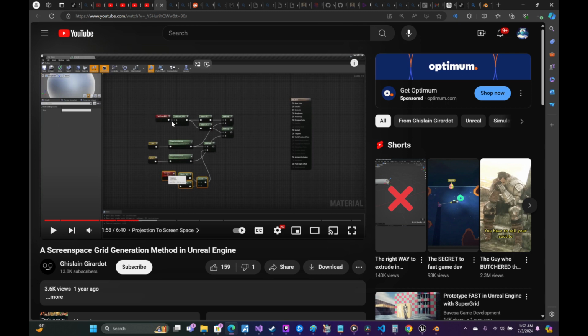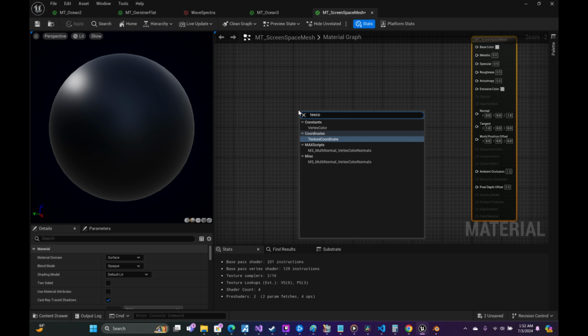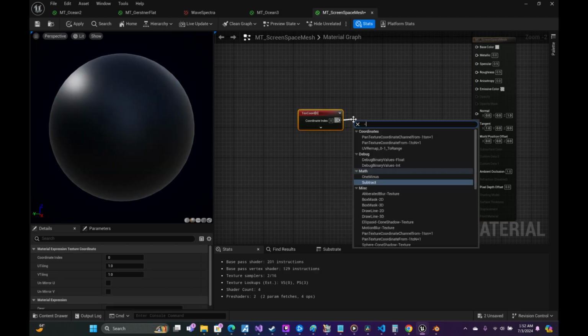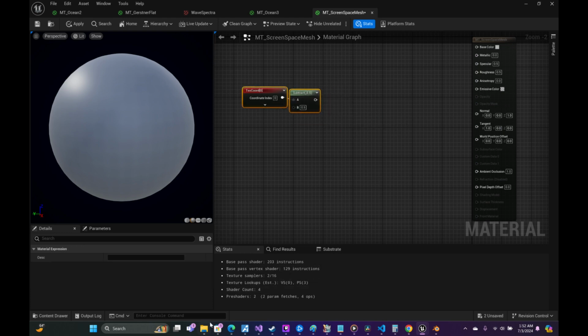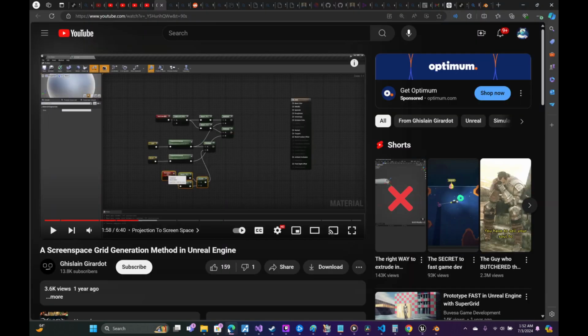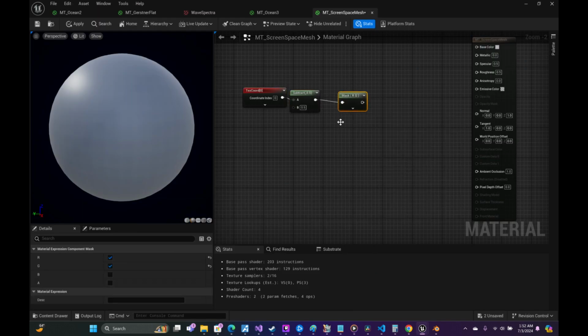So we've got texture coordinate, subtract 0.5, minus 0.5 to center it. Okay. Mask R, mask G, component mask.